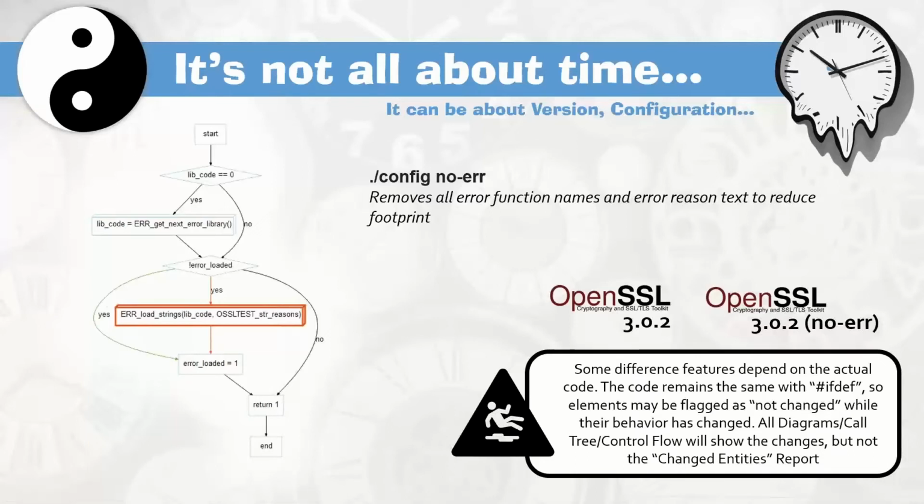The code has not changed, right? Only the way it is compiled has changed. So know that there is a little bit of a limitation if you get there, but it is still quite useful if you are investigating what no-error means and how the code behaves differently if I do this. Well, you can actually get those sorts of visualizations.